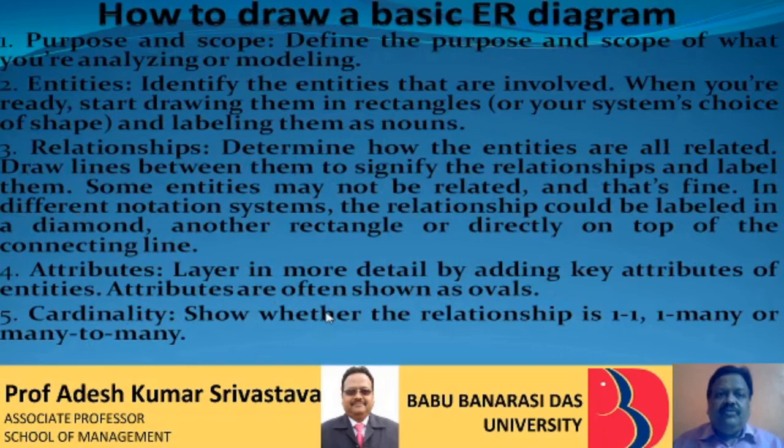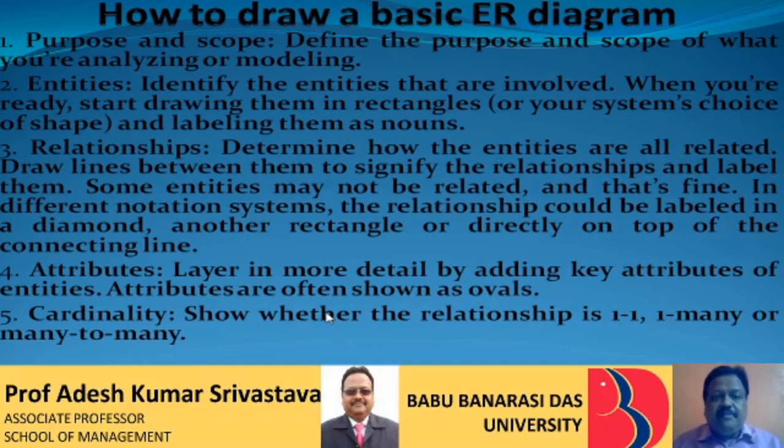Now we come to how to draw a basic ER diagram. First, we have to define purpose and scope. Define the purpose and scope of what you are analyzing or modeling. Then we have to decide entities. Identify the entities that are involved. When you are ready, start drawing them in rectangles or your system's choice of shape and labeling them as nouns. Third is relationship. Determine how the entities are all related.